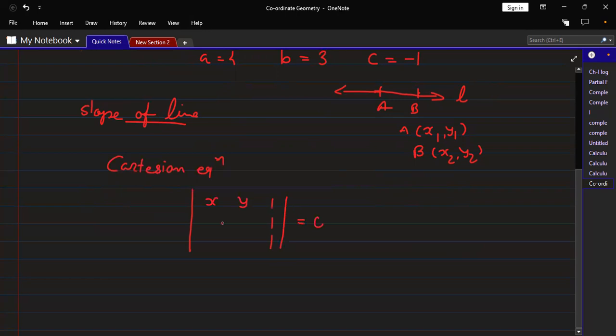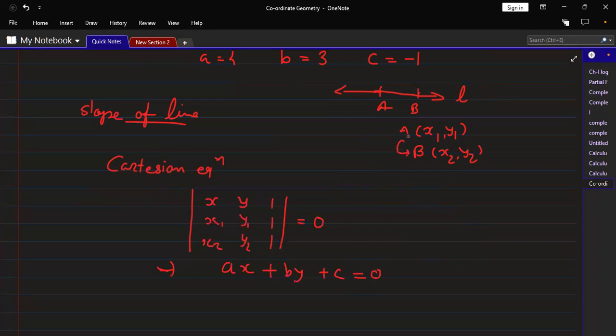Then we have to solve this determinant, and we will get this form ax plus by plus c equals to 0. So from these 2 points, we can find the line equation.